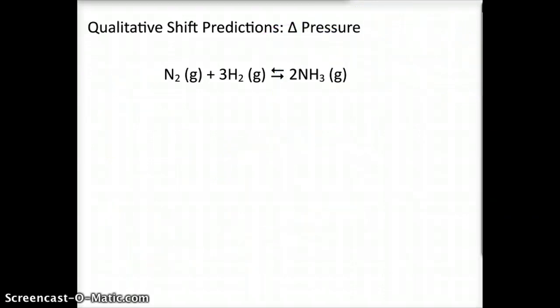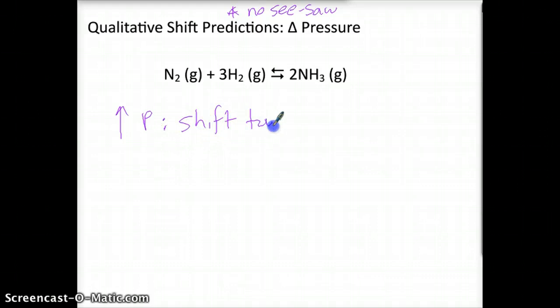Third change, pressure. This rule, no seesaw. There's no teeter-totter rule for pressure. All the rule for pressure is if you increase pressure, the reaction shifts towards the side with fewer moles. And the opposite is true.